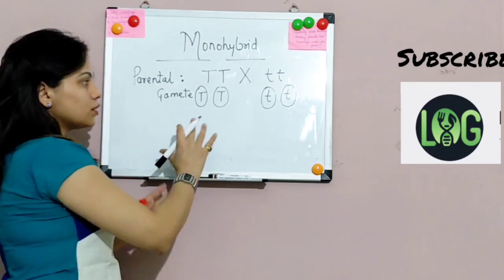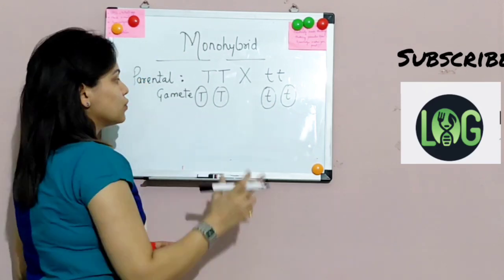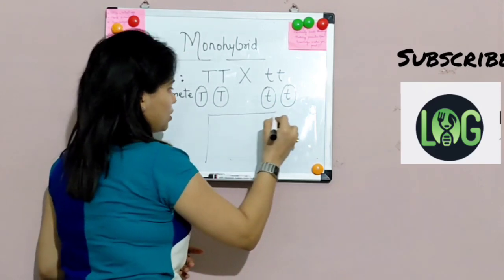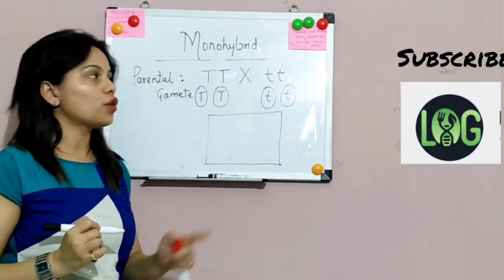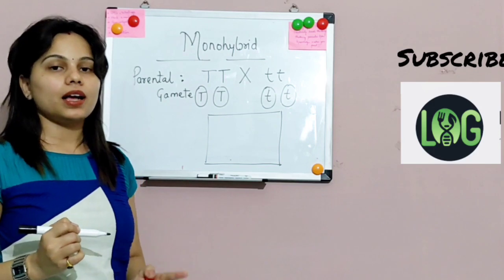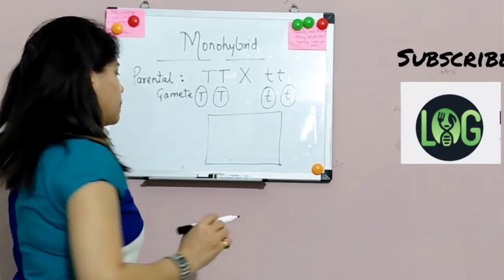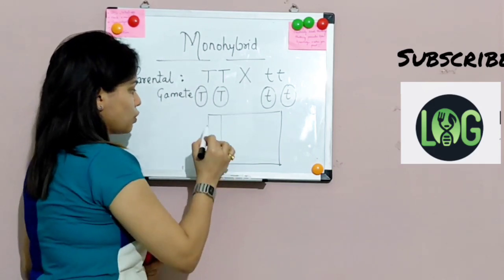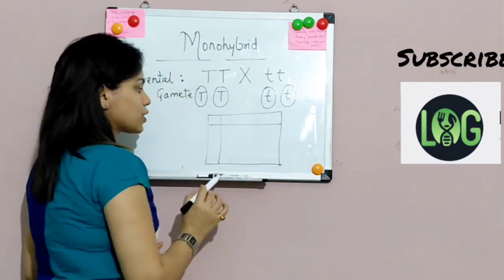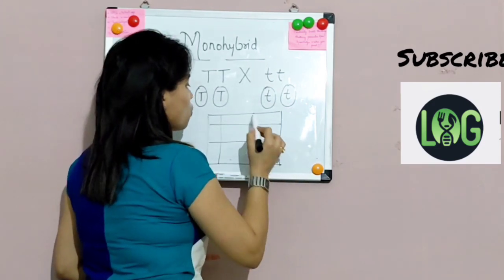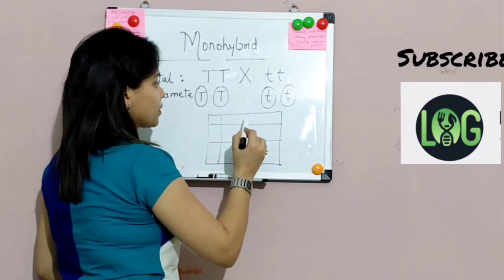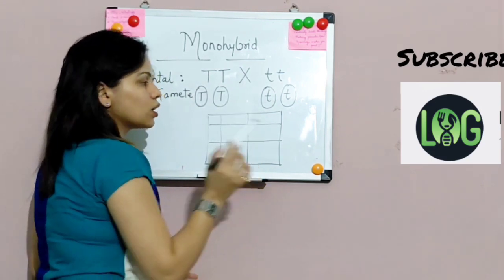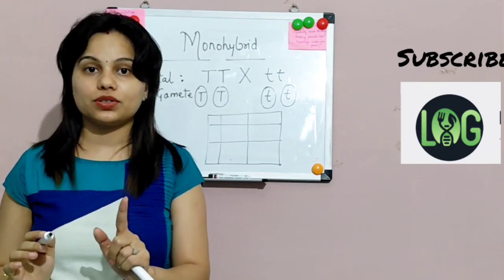Now after forming these gametes, we will form a Punnett square. Now let's understand how to form a Punnett square for a monohybrid cross and what its details are. In a Punnett square we form 1, 2 and 3 rows and 1, 2 and 3 columns for monohybrid.